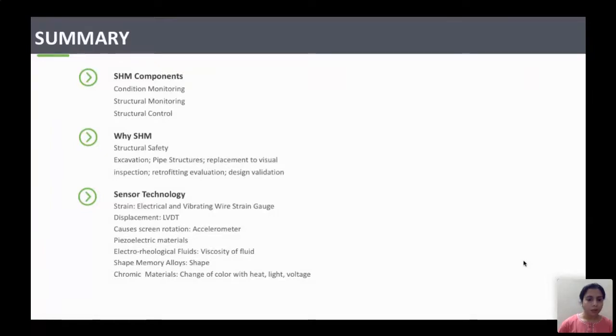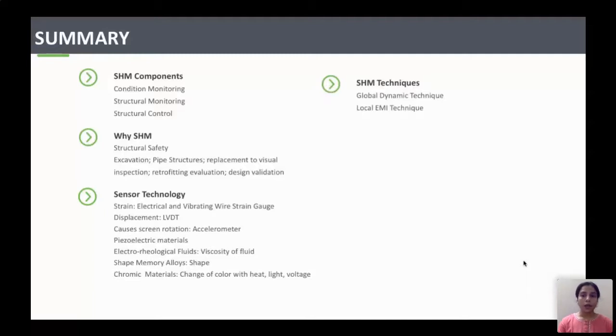And what is the reason for the screen rotation of your phone? That's the accelerometer. Then we learned about piezoelectric materials, and electrorheological fluids, which are materials that change their viscosity with the electrical field. Shape memory alloys change their shape when they are heated. Chromic materials change their color with heat, light, and voltage.